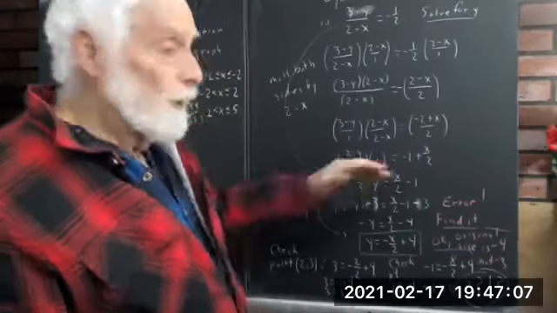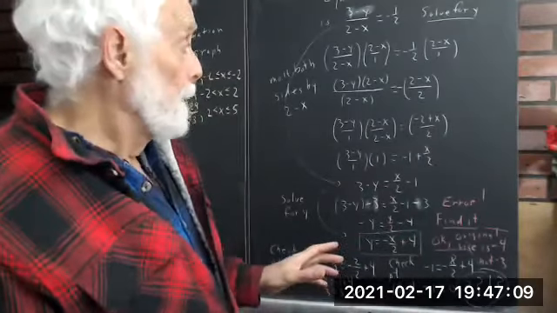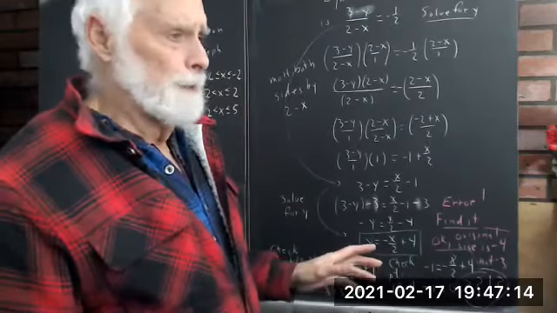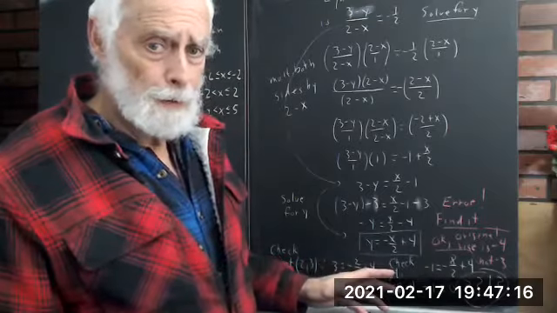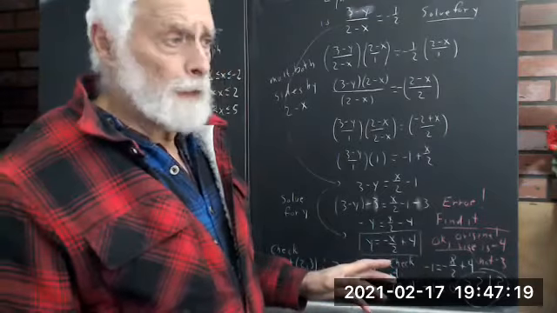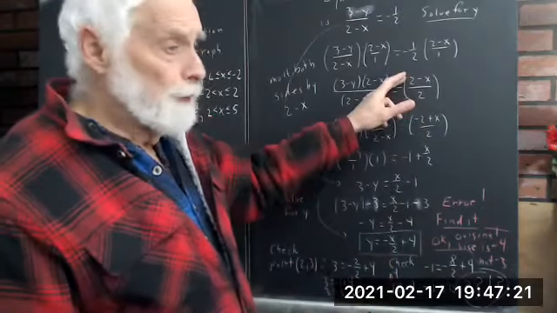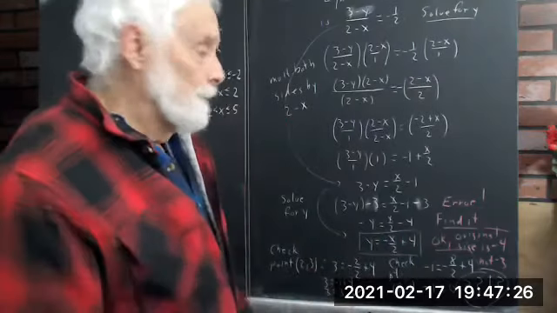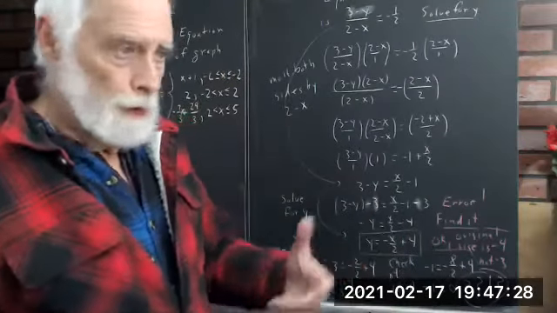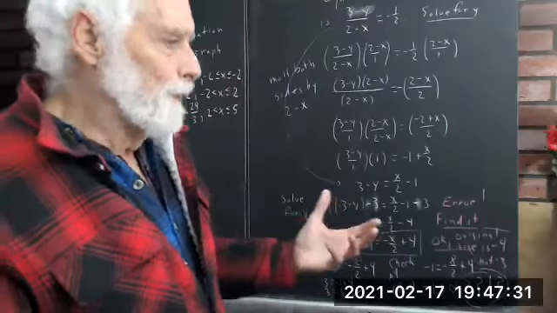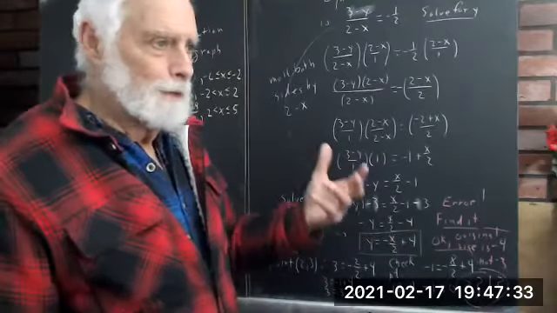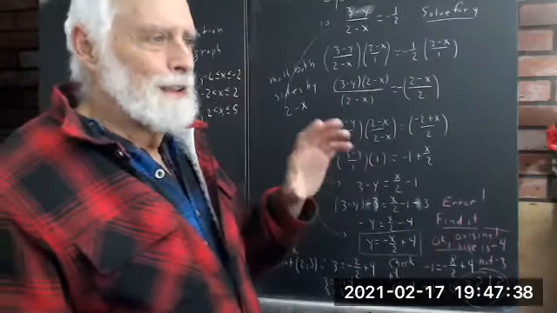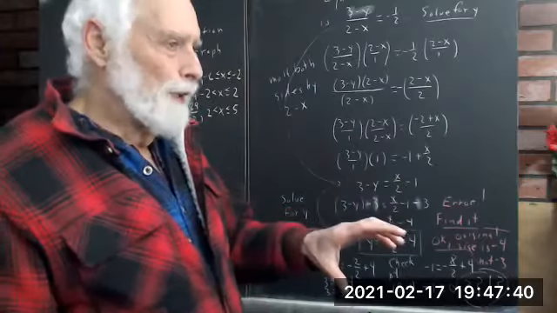Now, one reason I'm doing this is because people don't cancel right. If you give this to a beginning pre-calculus class, in my experience, 95% of them are going to cross out these 2's and say the answer is negative x. That's so totally wrong that it doesn't even come up to the level of something that deserves a comment, except that if you understand algebra, you know how bad that is.